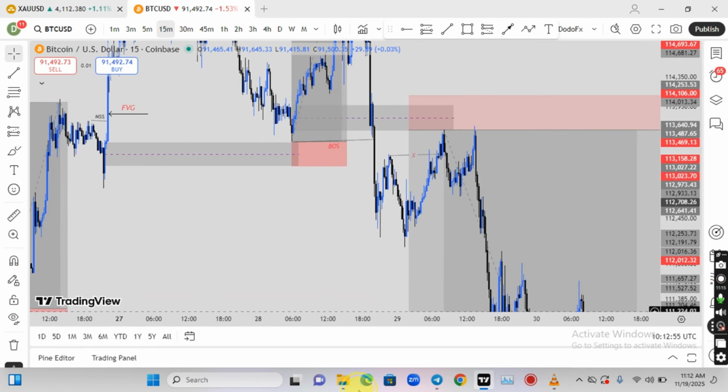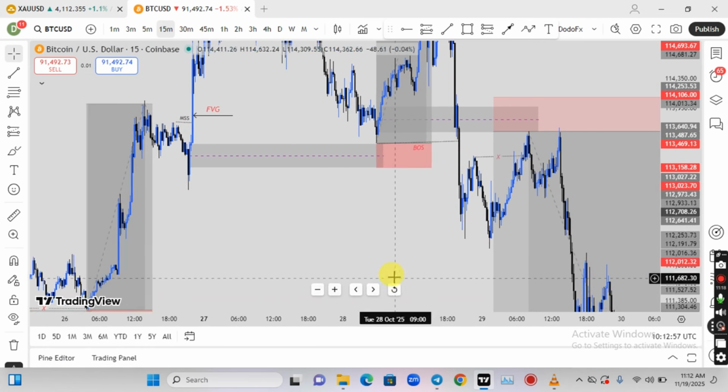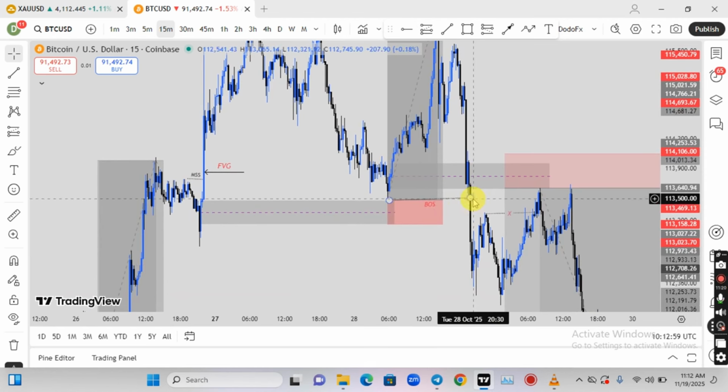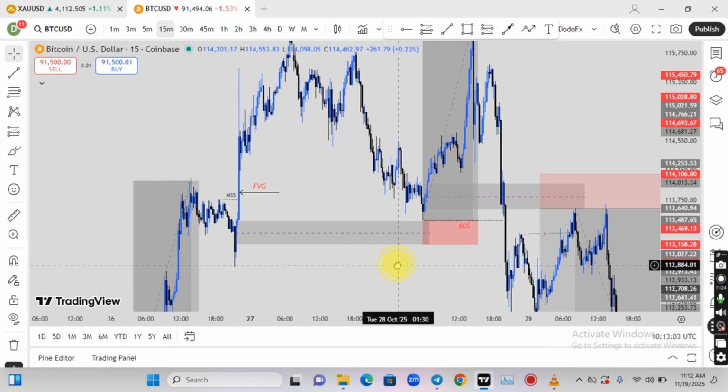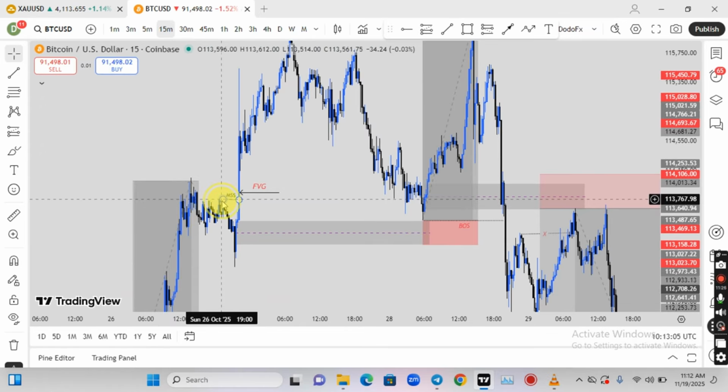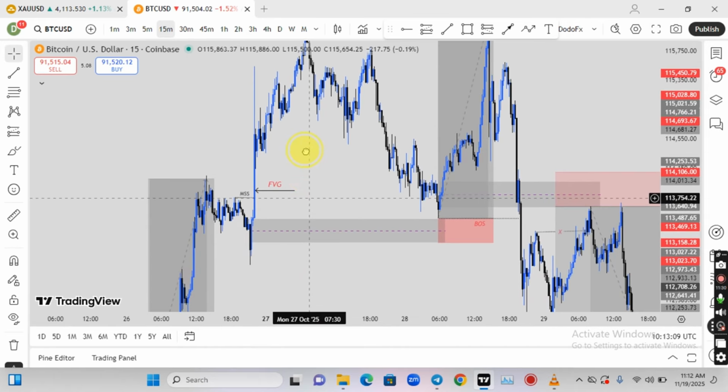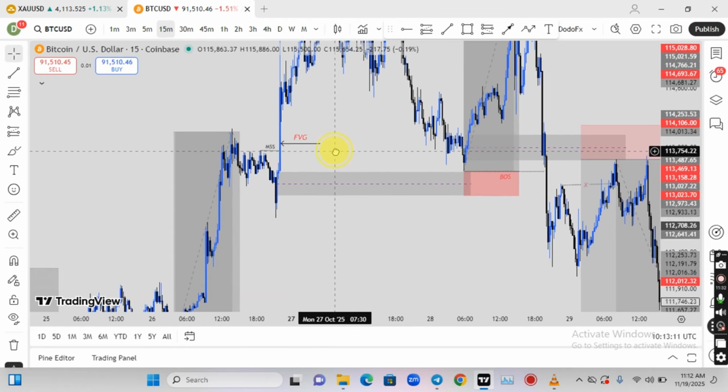Let me use BTC to make my analysis, to show you some stuff for an order block.